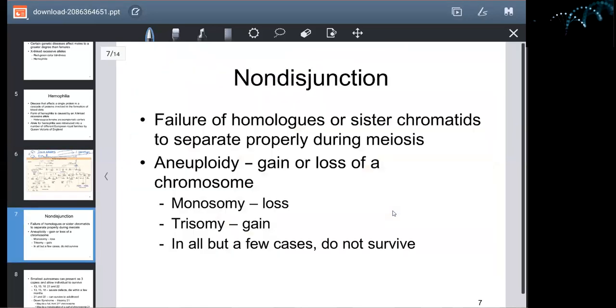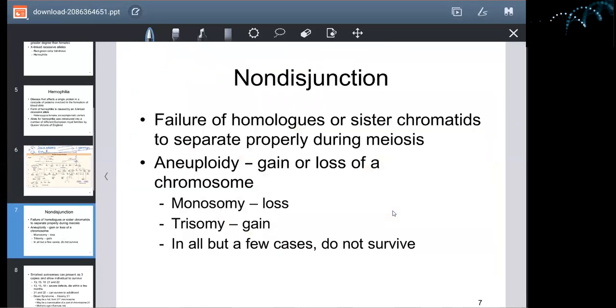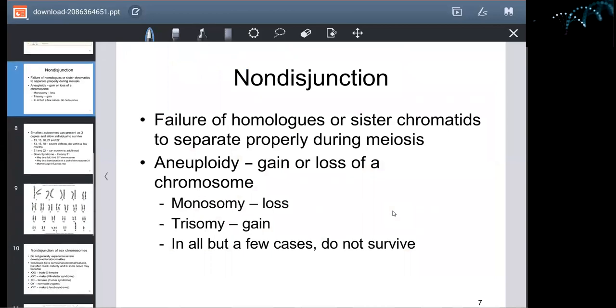The very last part, we already kind of covered this, and this just means the very last part regarding inheritance. Sometimes when the gametes are separating, you're supposed to separate them, in this case let's use the sex chromosomes, XX. You're supposed to separate them.